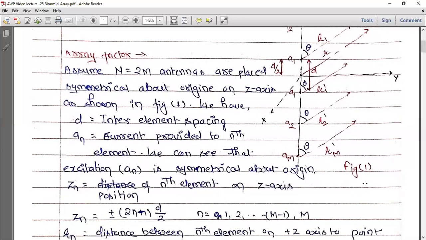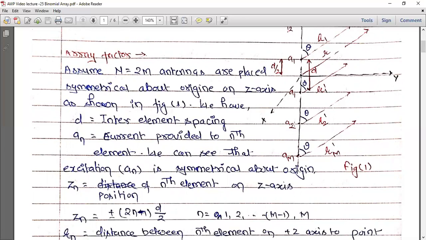Okay, what is Zn? Zn is the position of the nth element on the Z axis. In this particular case, for the first element, Z1 will be plus d by 2. For the element with magnitude A1 on the other side, the position Z1 is equal to minus d by 2.